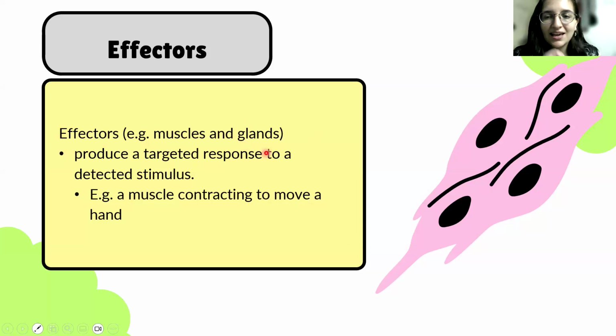Glands, the example I gave was when you see or smell nice food, you start salivating. So that would be one example of effectors. And again, effectors are very specialized cells and they produce a targeted response to a detected stimulus. So it's targeted based on whatever change is happening and which organ is involved.